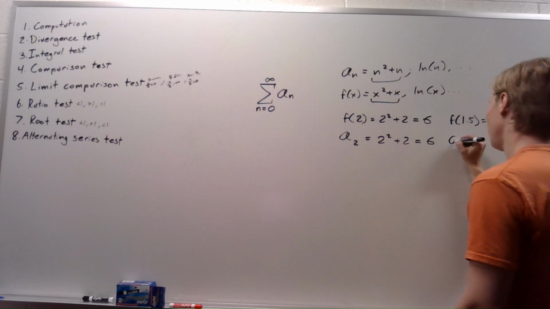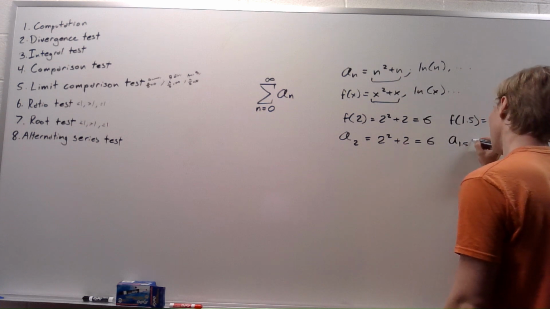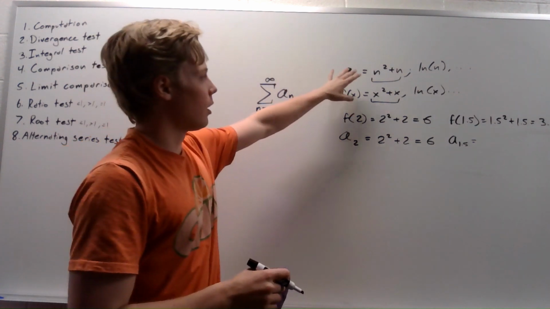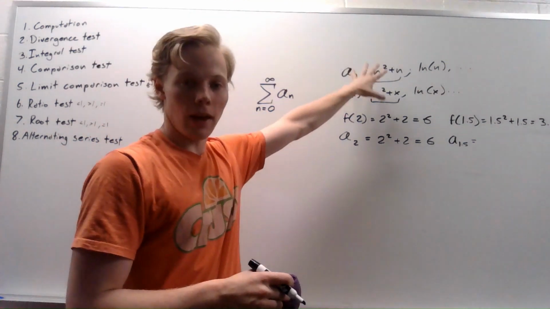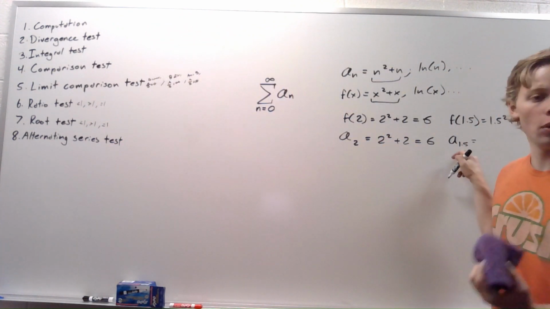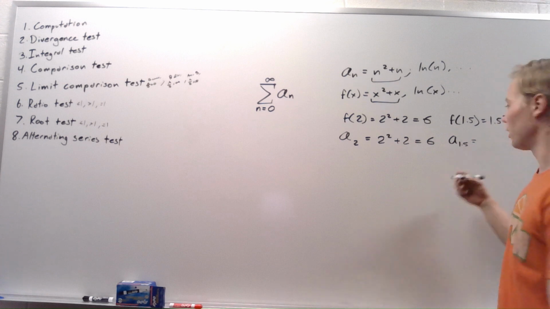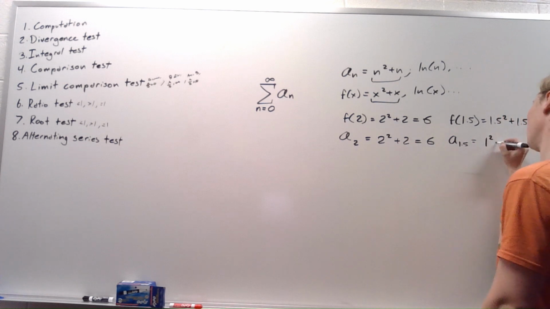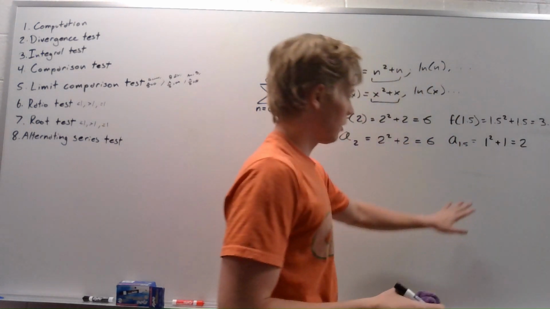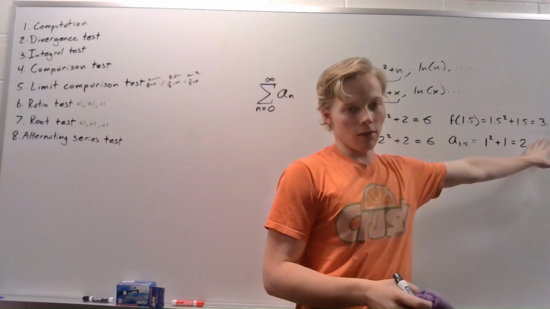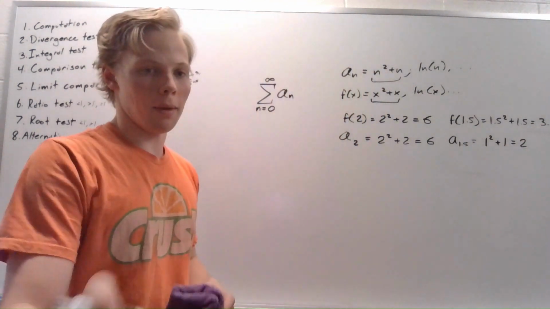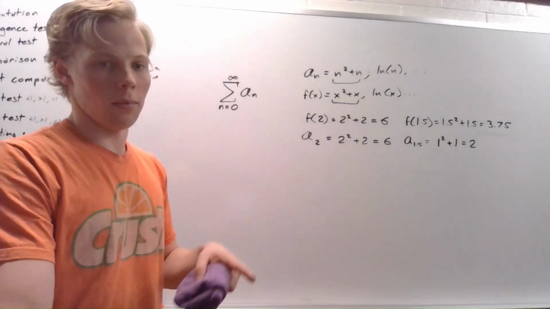However, if you try to do a sub 1.5, you're not typically supposed to put decimals inside of n. And so what you do is you round this down to the nearest whole number, in this case 1. And so you get 1 squared plus 1 is equal to 2. And so at the decimals, they do not have the same answer. But at the whole numbers, they will always have the same answer. So 3.75 right there.